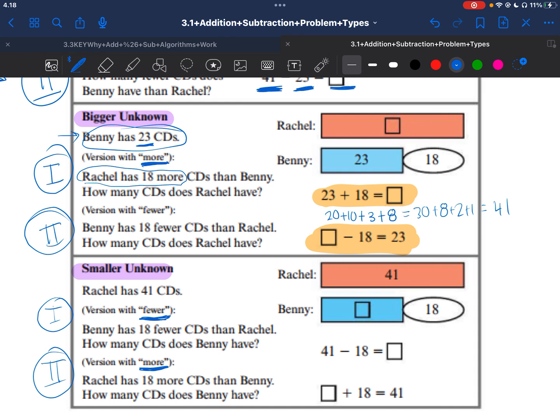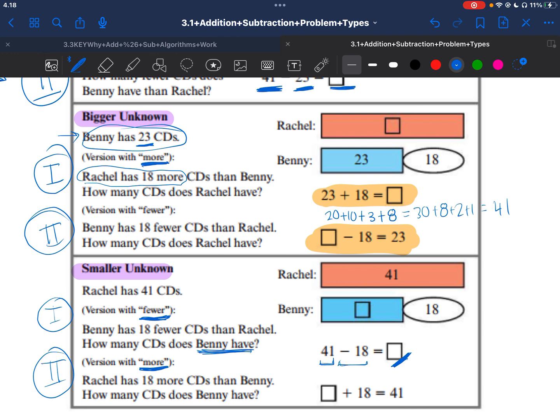How many CDs does Benny have? So if Benny has 18 fewer CDs than Rachel, Benny has a smaller amount of CDs, right? So that's why it's called the smaller unknown. We're asking for Benny's, right? So we know that 41 is Rachel's and Benny's is 18 less than that.